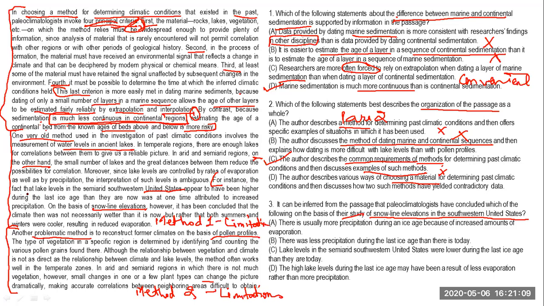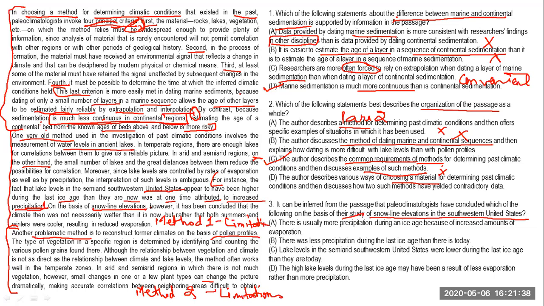Now this line says, the fact that lake levels in this region appear to have been higher during the last ice age than they are now was at one time attributed to increased precipitation. Okay, so it was believed earlier that the higher lake levels in the last ice age were because of increased rainfall.